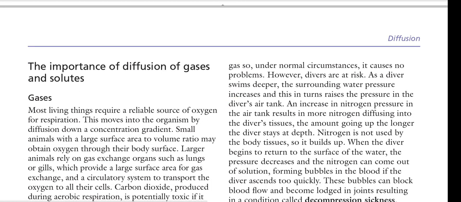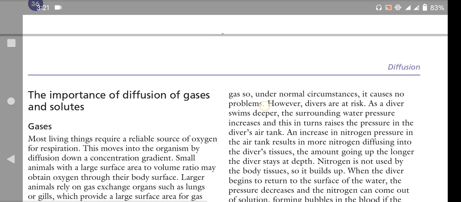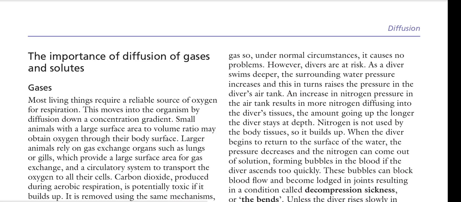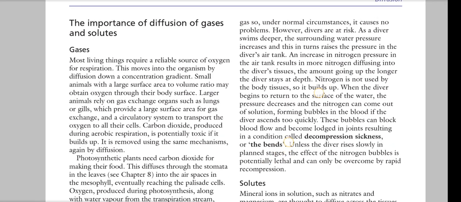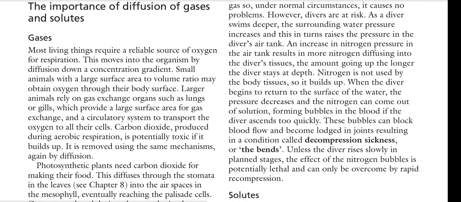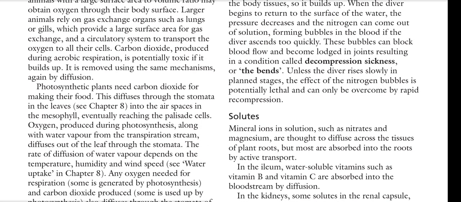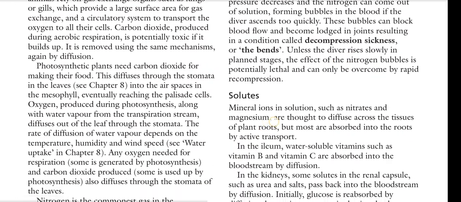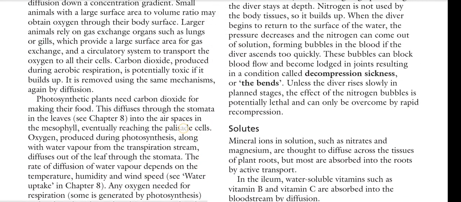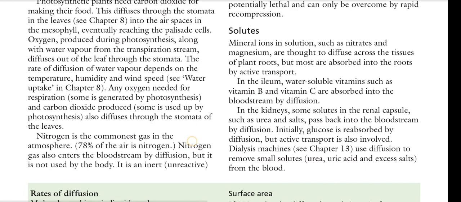So, the importance of diffusion of gases and solutes is very, very important. First of all we have seen that we have to use oxygen and get rid of carbon dioxide. That is the reason for gas diffusion. All these paragraphs explain this reason, so we can skip the first two paragraphs.